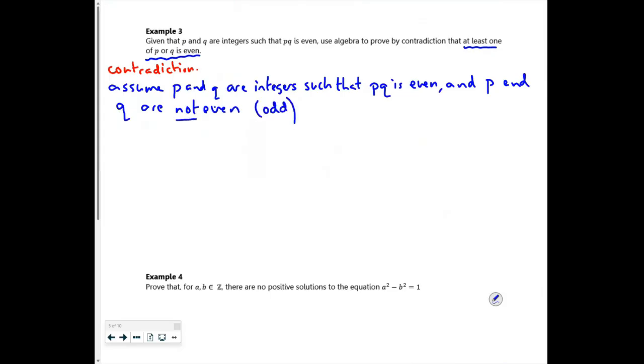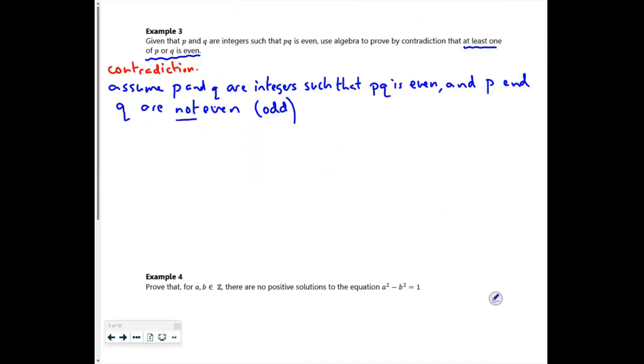Because at least one is everything apart from none of them. And the negation is not the opposite, it's everything other than it. So assume P and Q are integers such that PQ is even and P and Q are not even. Make it a bit thinner, see if that makes it better.